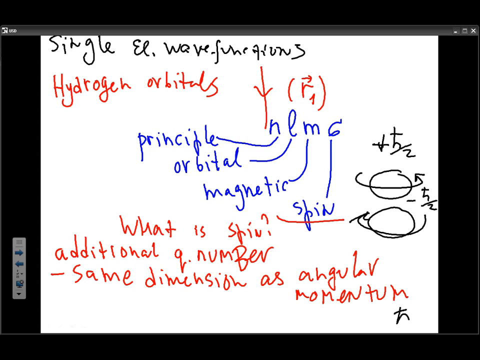So there is an additional degree of freedom. And this degree of freedom is not continuous. It has just two discrete values.